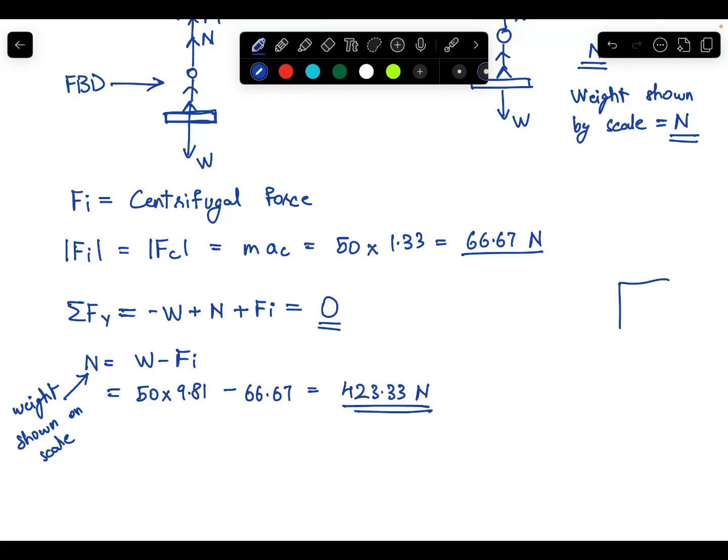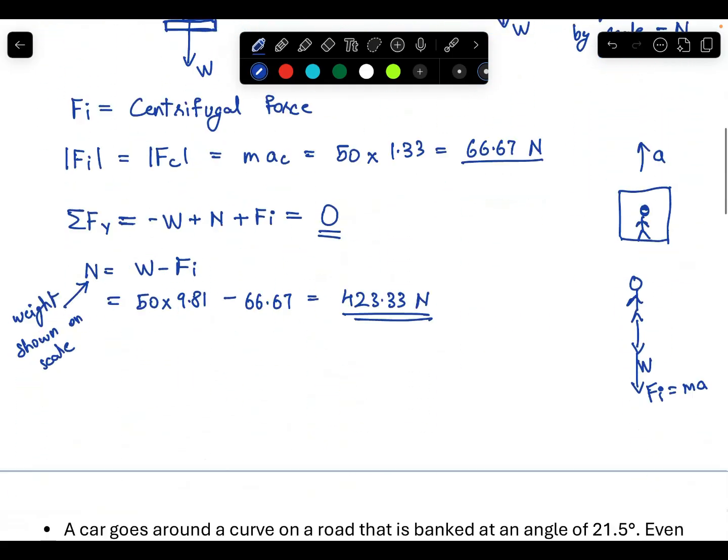This is very similar to the elevator, where if you're standing inside the elevator and the elevator is going upwards, you feel like you are getting heavier because you are feeling an inertial force in the downward direction. So this is your weight, and you're also feeling another force, which is the inertial force. So this is very similar to that situation. So the answer is 423.